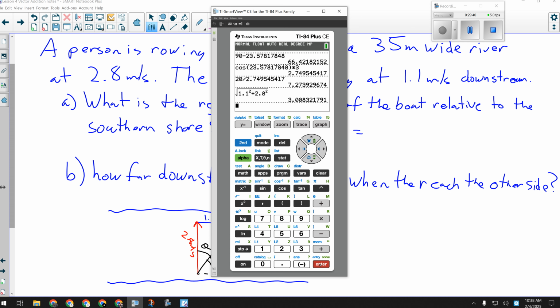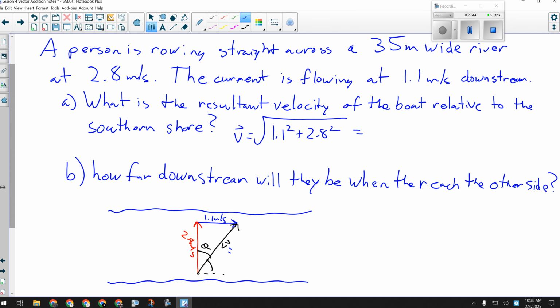Okay, so what? Exactly 3. Okay. All right, so there's the magnitude, 3.0 meters per second. I also need the direction because it's resultant velocity, which has magnitude and direction. All right, so I'm just going to use tan because I have the opposite and adjacent sides.